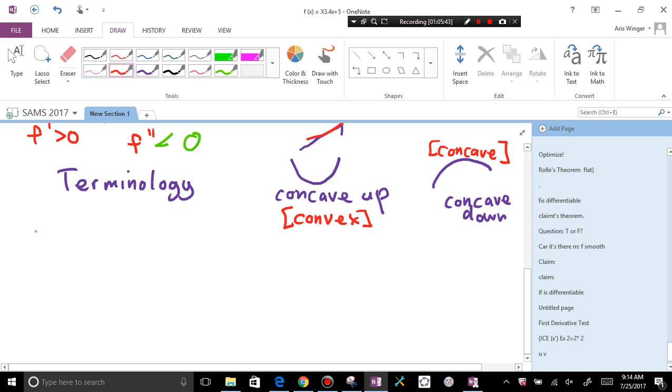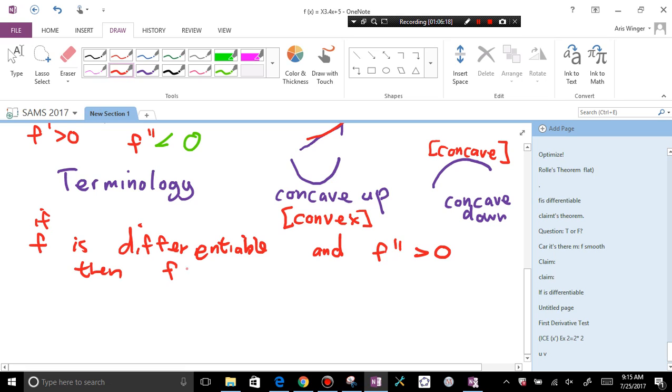But in calculus, if f is differentiable, and now we're going to need multiple times differentiable. So if it has multiple derivatives, so if f is multi-differentiable, that's right. So here it's called C2. You need two derivatives. If f is twice differentiable, and f double prime is greater than 0, then f is concave up.